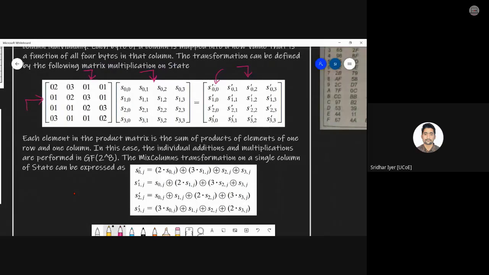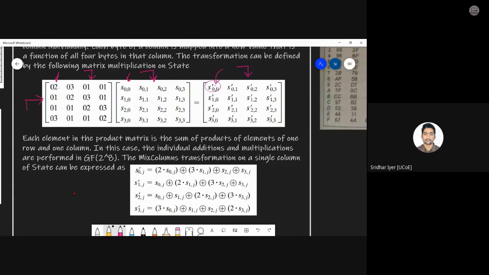If I'm talking about this value, S dash 0,0, or I can say it is S dash 0J. If I want this value, I have to use this formula. It is very simple. Just like you did matrix multiplication, it is exactly similar. Instead of plus, it will be XOR. It is same. What you need to do is 02 into S0J.